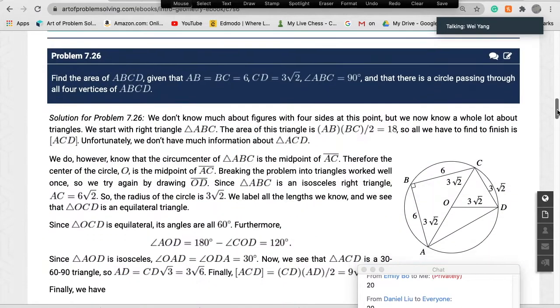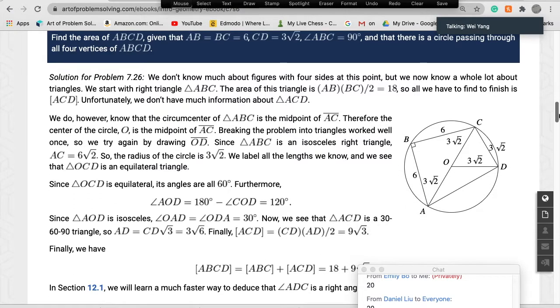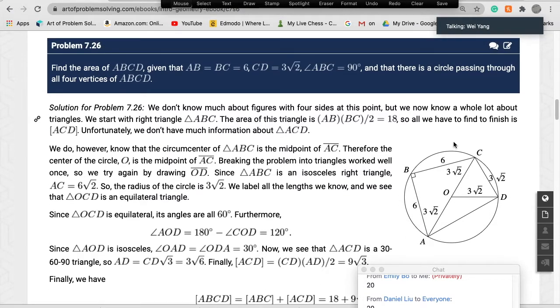Now let's go to this problem here. Yeah, this is a plot of this problem. Now let's see. In this problem, we have ABCD. This is a quadrilateral, right? In this quadrilateral, they give you angle ABC equals 90 degrees.